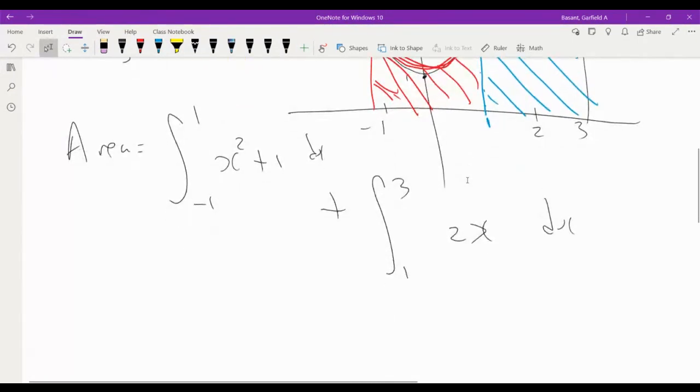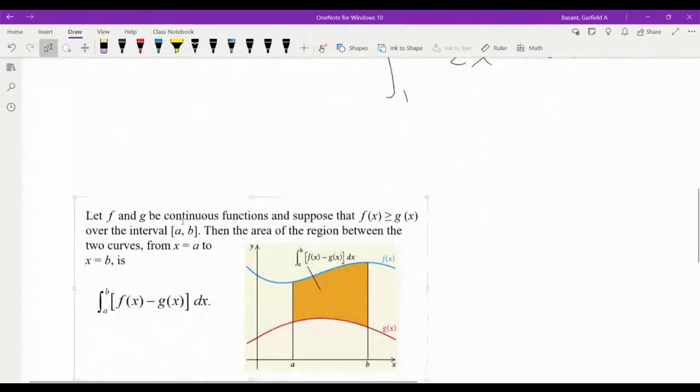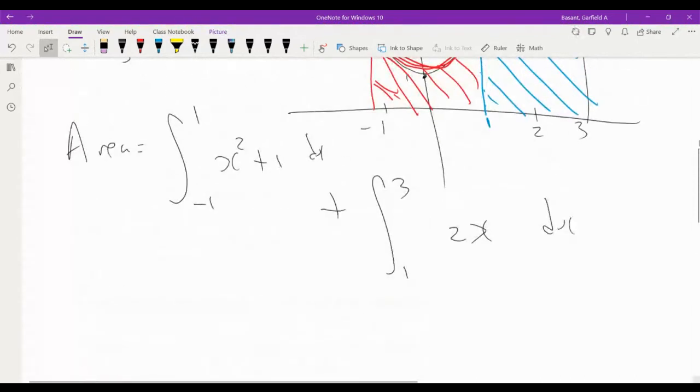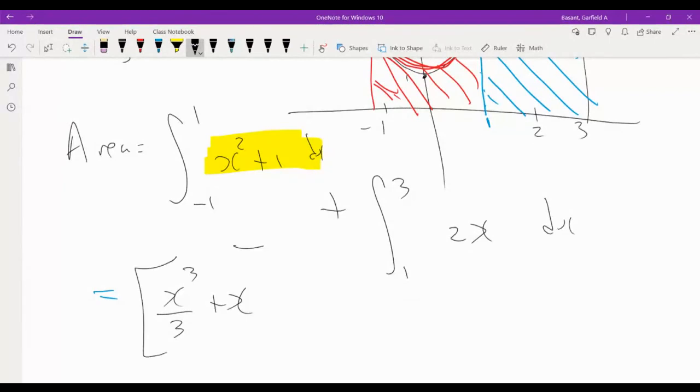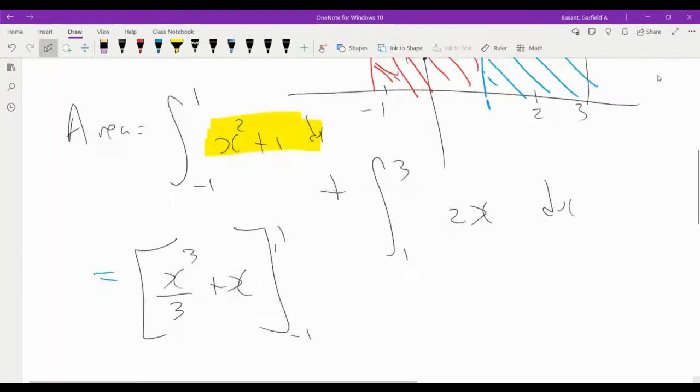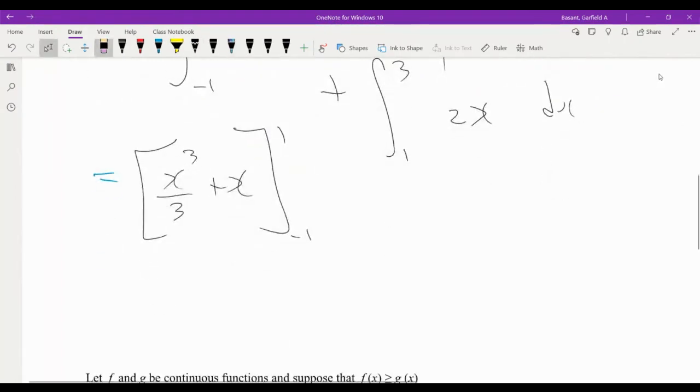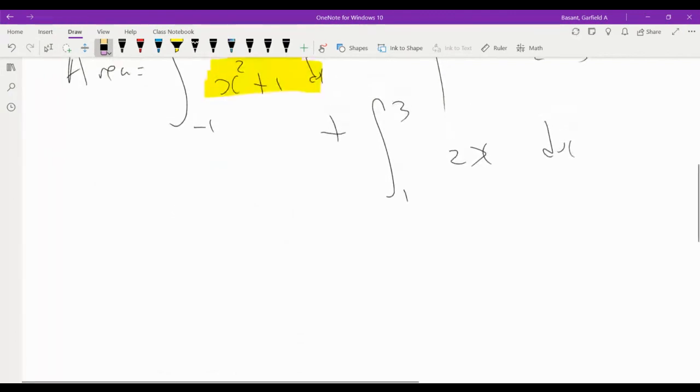Once we split it up, that's the difficult part. Everything else is just going back to what we just did. We're going to find the antiderivative of this, which is x to the third over 3 plus x, which we're going to evaluate from -1 to 1. Let's erase this a little lower so they can both fall on the same line.